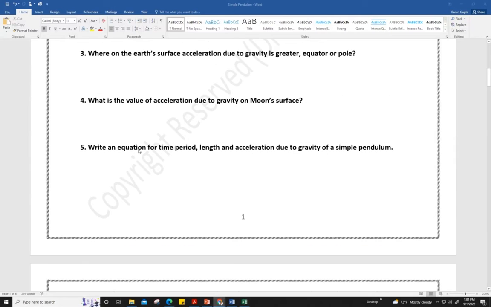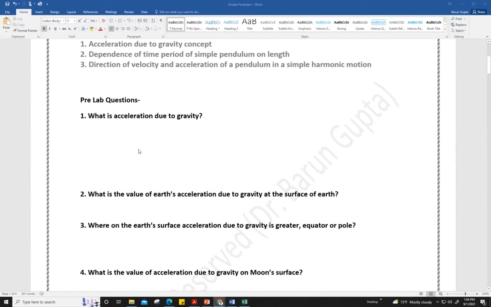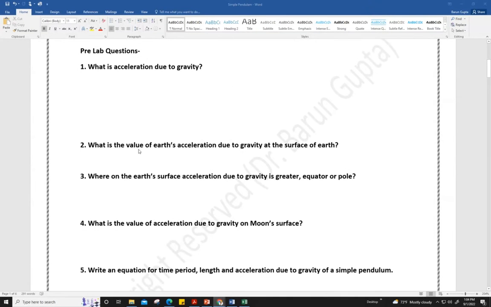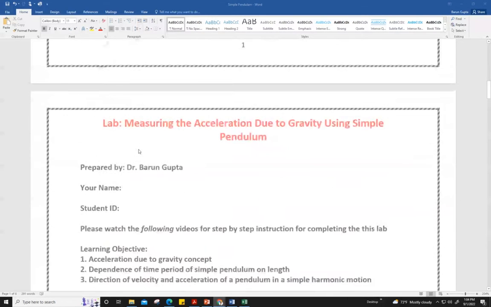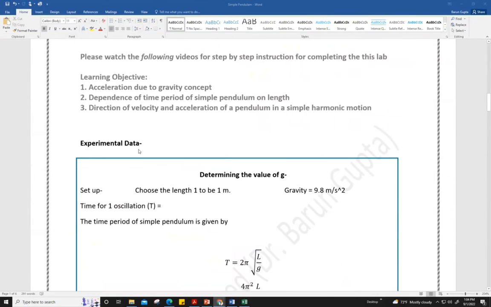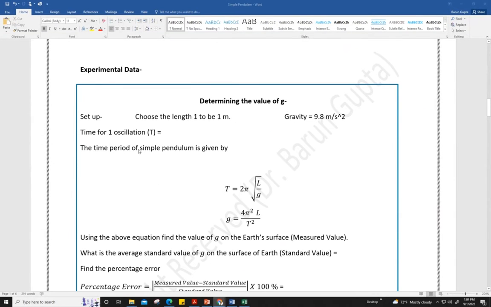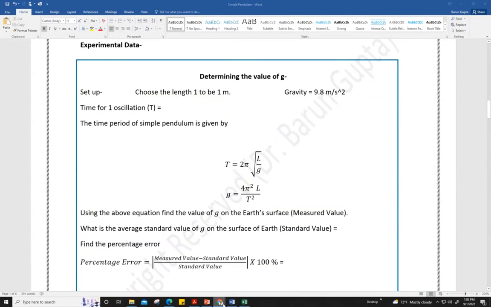So once you have all the pre-lab questions ready, the next thing is we move to do the online experiment using the PhET simulation. As I mentioned, we're going to do this lab using the PhET simulation. So let me open the PhET simulation here.